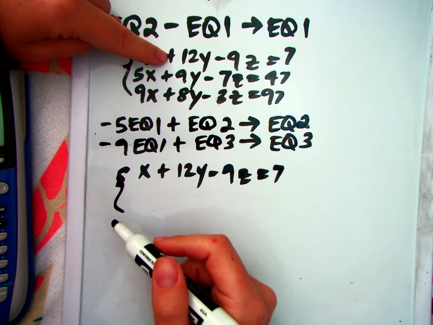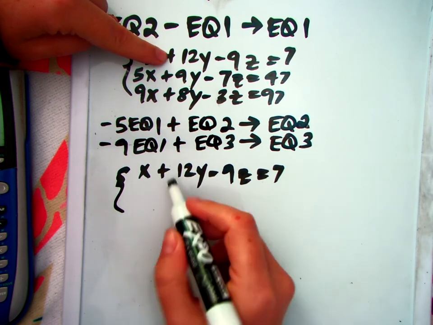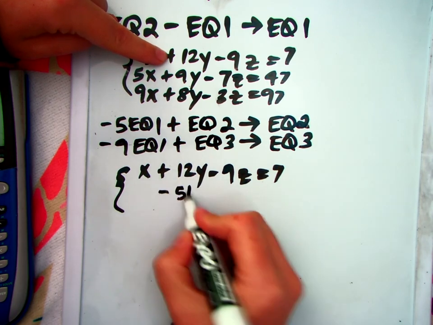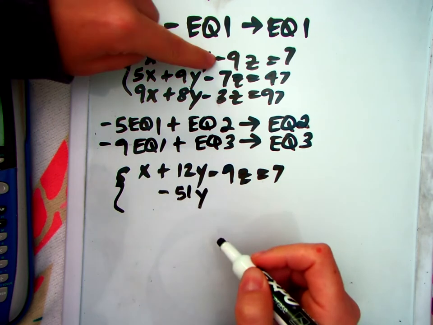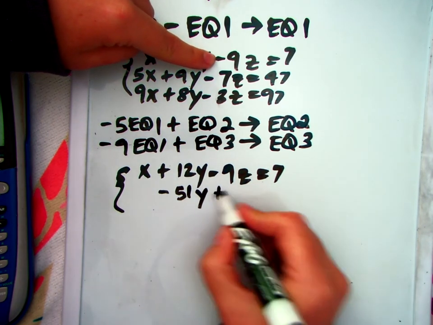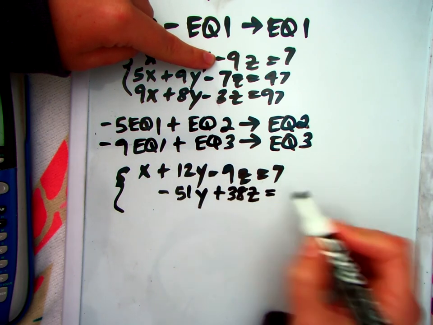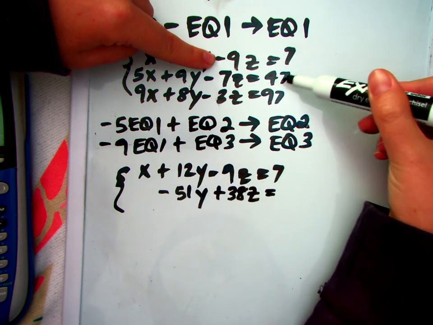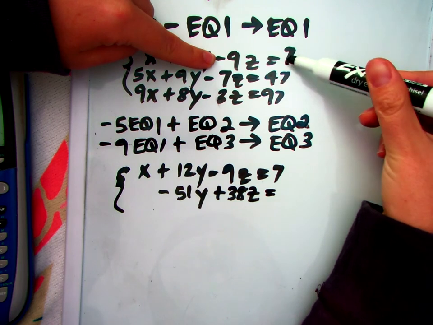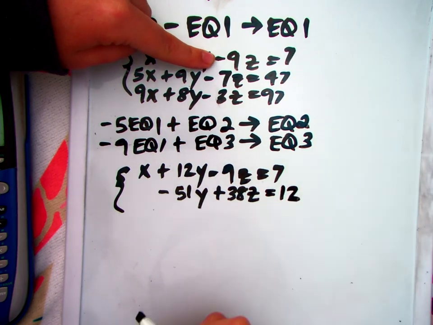Negative 5 times 12 plus 9 would be negative 51y. Negative 5 times negative 9 plus negative 7 plus 38z. Negative 5 times 7 plus 47 is 12.